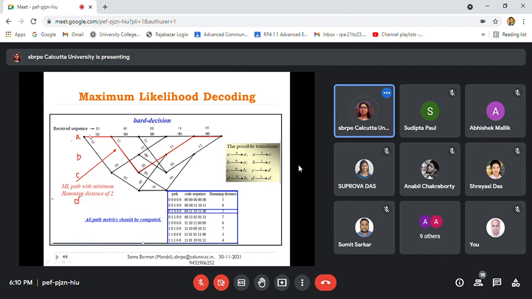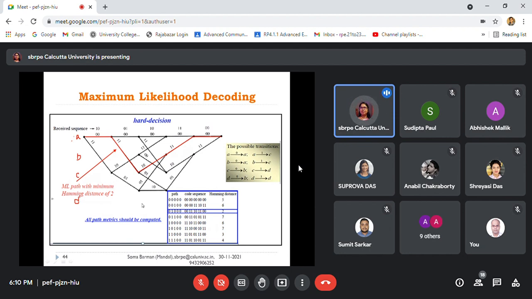Now you have to choose all the possible paths that start at A and finally end at A. From A to C, this path you can also choose. A to C means 1.